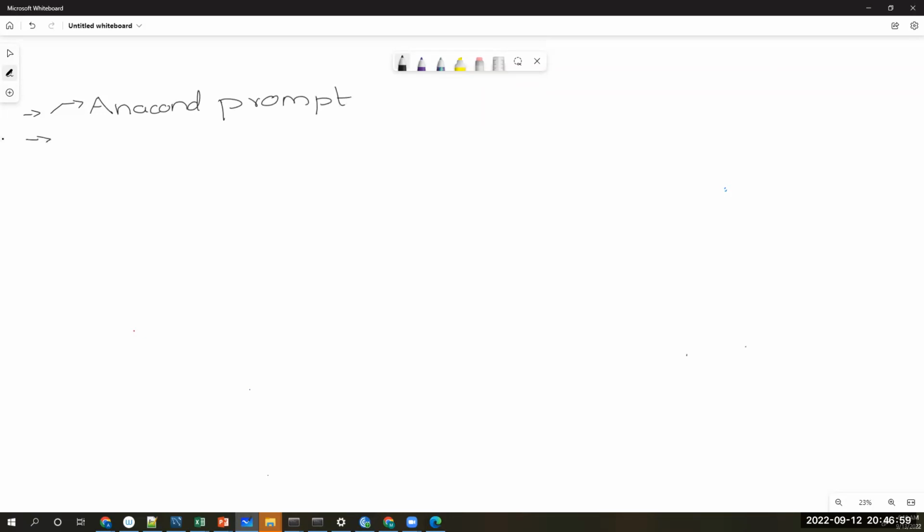What is another way? Another way is to go to Anaconda Navigator and then launch Jupyter Notebook, the Jupyter icon from the Anaconda folder. Yes.